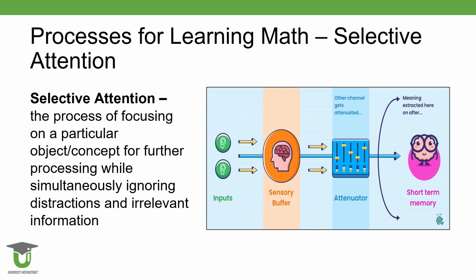This is the process where we tune in to something in order to learn it. Humans in general tend to focus on what draws our attention. The more interested we are, the easier it is to focus on it and take in the information being given. The less interested, the easier it is to find a distraction.